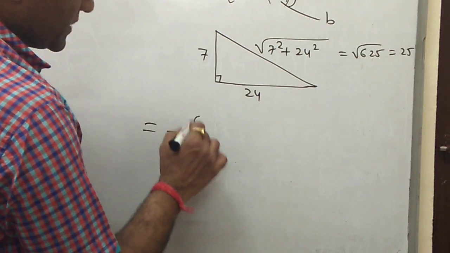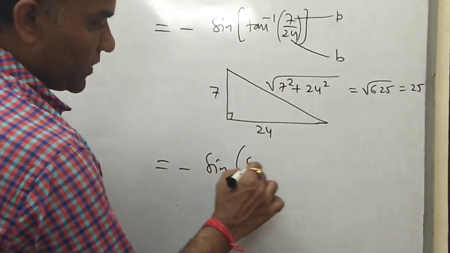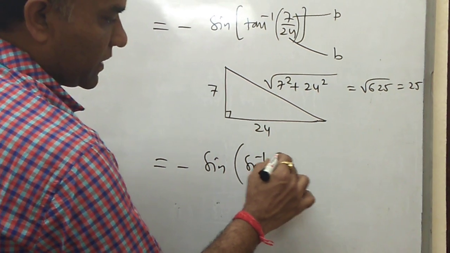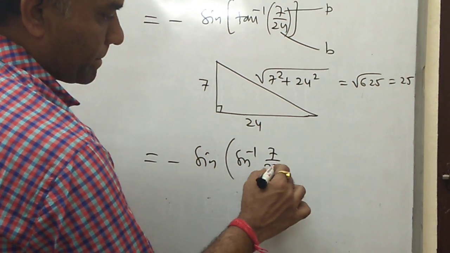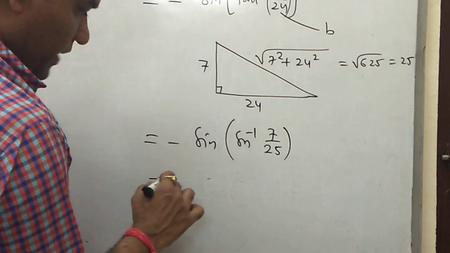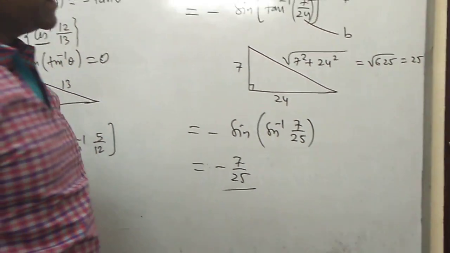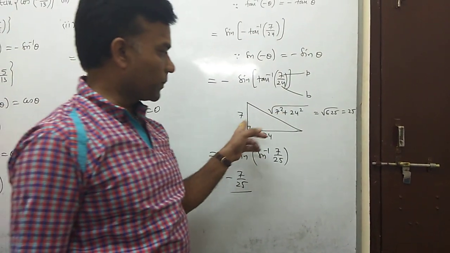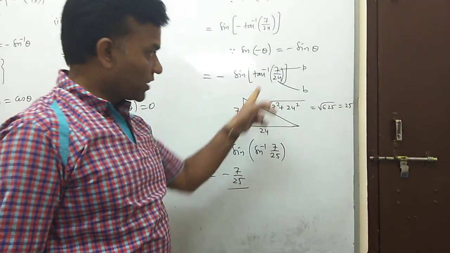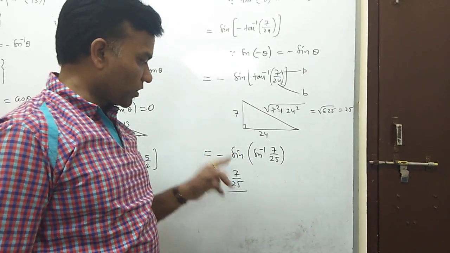So your answer is minus sine of sine inverse 7 by 25, so the answer is minus 7 by 25, because sine is perpendicular upon hypotenuse. So now your tan is converted into sine, and you got the answer.